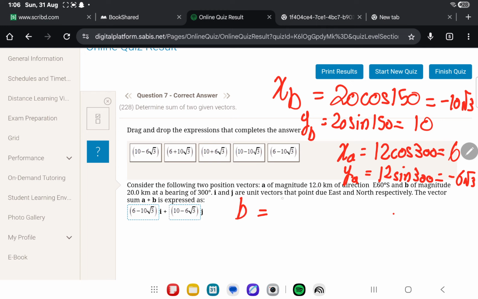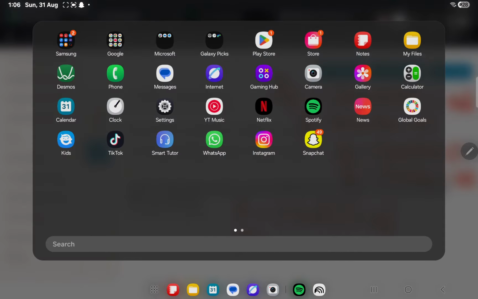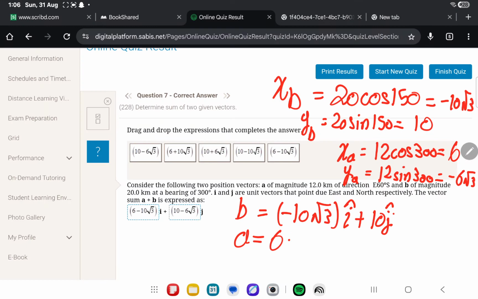B is actually going to equal negative 10 radical 3 I plus 10J. Okay, and for A, it's going to be 6I minus 6 radical 3J.